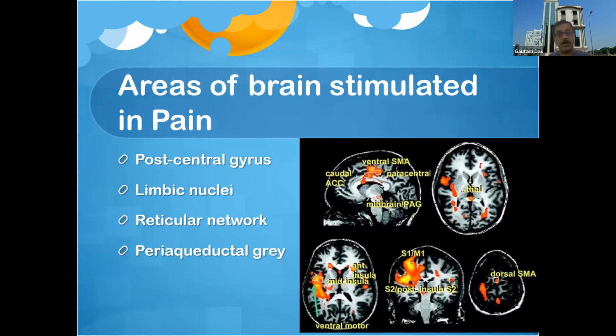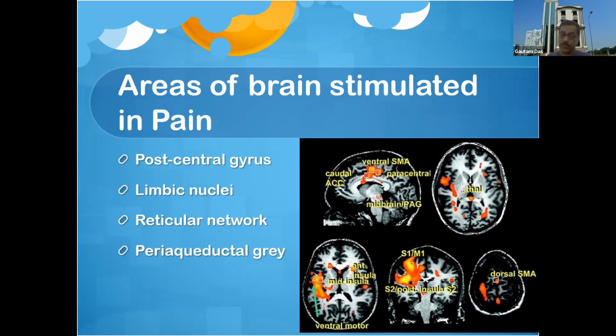What is the mechanism? The projection fibers also send signals to the reticular formation, keeping us awake. So this is the third important area in the higher centers.